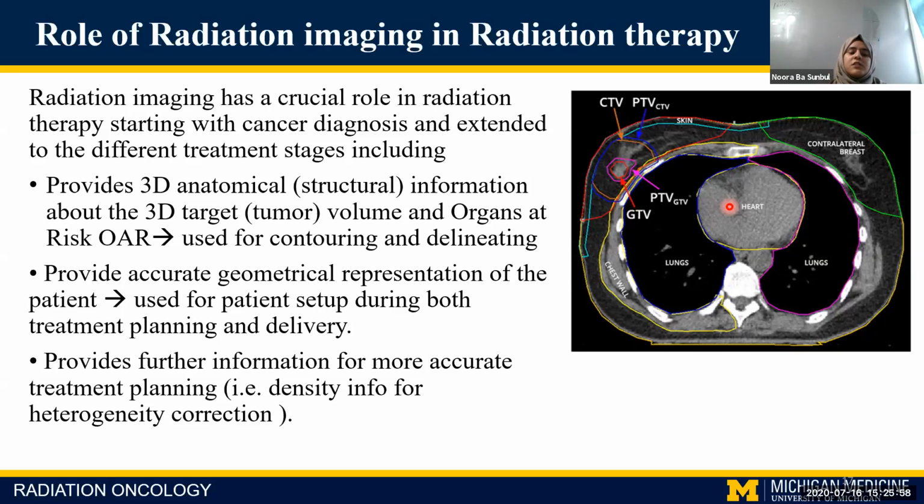And then it also helps to provide density information. For example, as I mentioned before, CT scans have the advantage of differentiating the differences in densities between the different tissues, and that is used for heterogeneity corrections, for calculating the dose more accurately and correcting for any sort of heterogeneities as well.